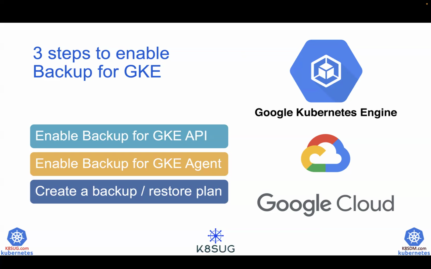Alternatively, if you create the GKE cluster without the agent installed, you can still enable it, but bear in mind it requires about 40 minutes to enable the agent. The third and last step: once you have enabled the API and have the agent installed, you can start to create a backup plan. You can start to create a restore plan before you can restore any workloads.